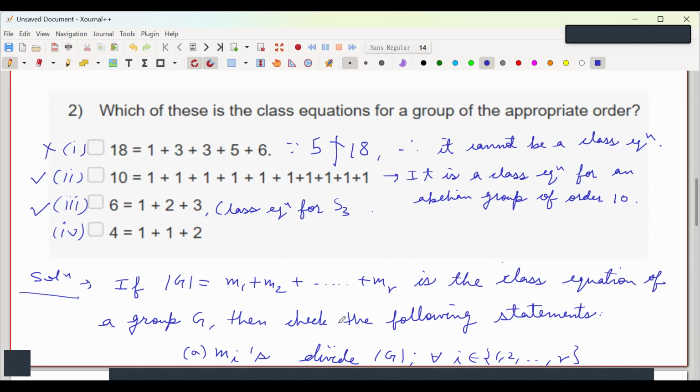What about the fourth one? Not a possibility. Why?